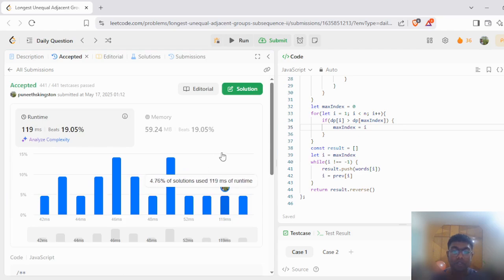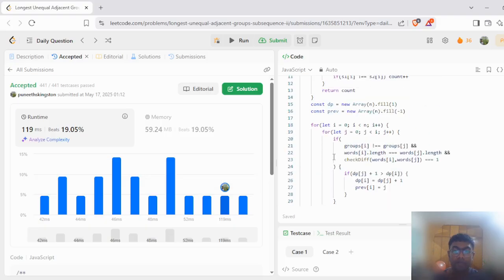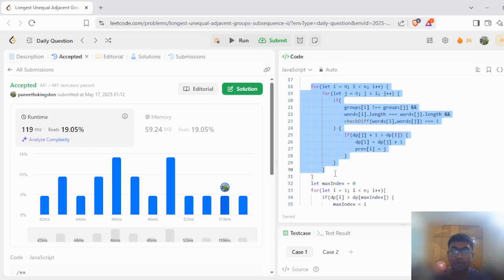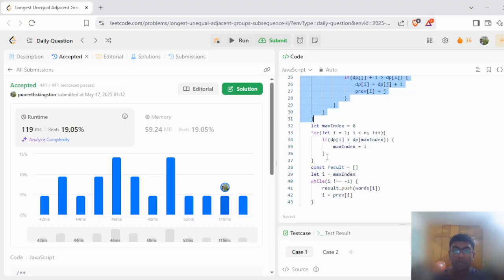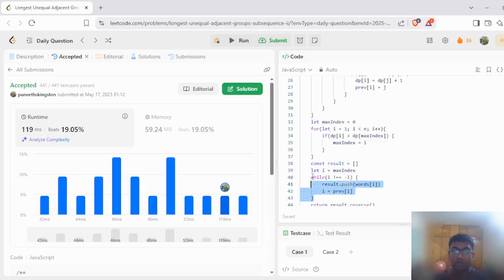Okay, as you can see, the solution gets submitted, but with respect to time and space complexity, we have two for loops to calculate the DP values, and also another for loop which is used for calculating all the result values.